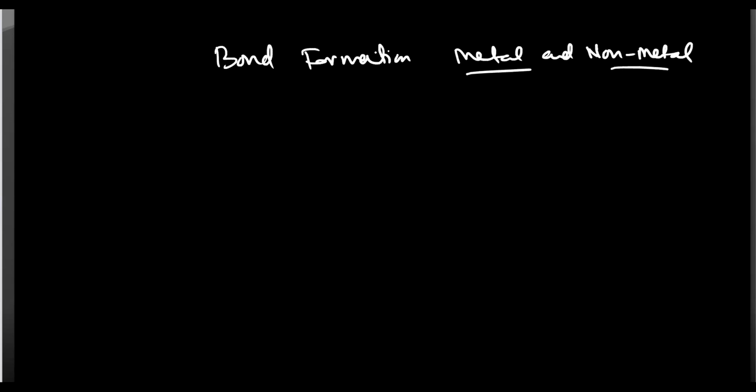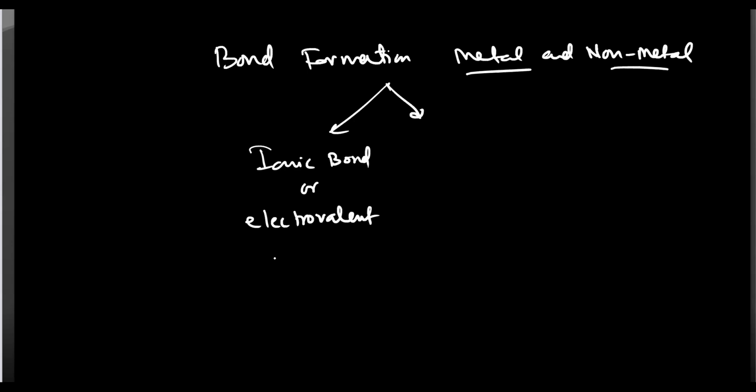If I'm talking about that, what bond is formed? There are two types of bond that we study. One is the ionic bond, or electrovalent bond, and the other one is the covalent bond.